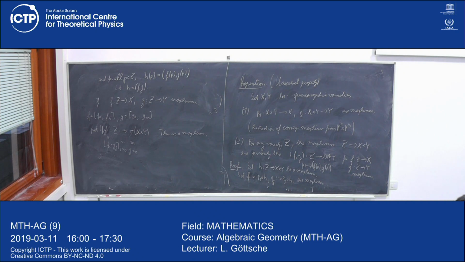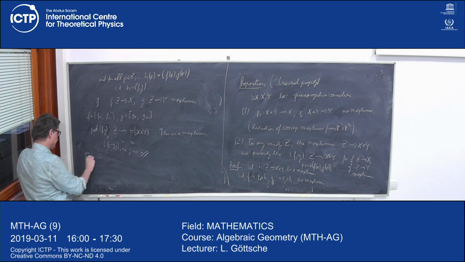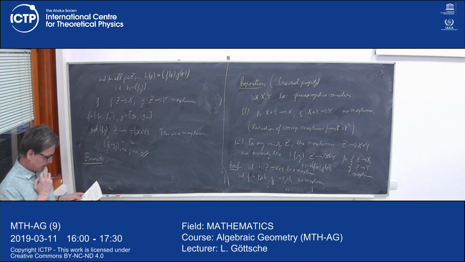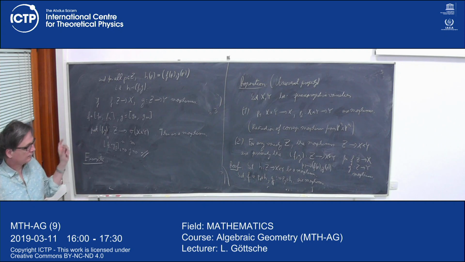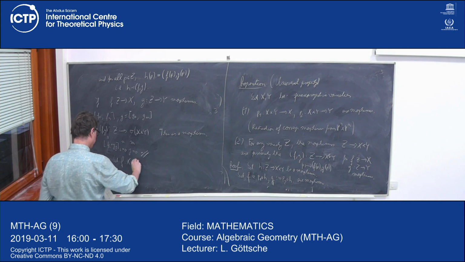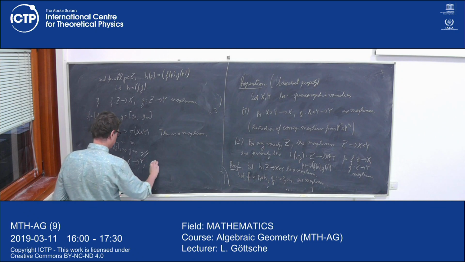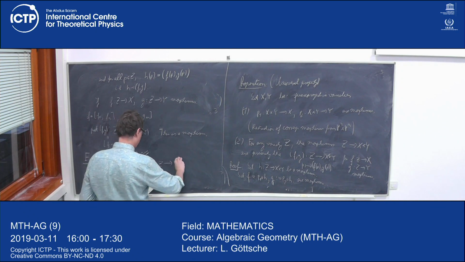Now, it's just some stupid consequence because we just want to introduce the notation. So as an example, one special case of this is that you can look at the product of two morphisms, from the product of two things to the product of two other things. So let F from X to Y and G from Z to W be morphisms.